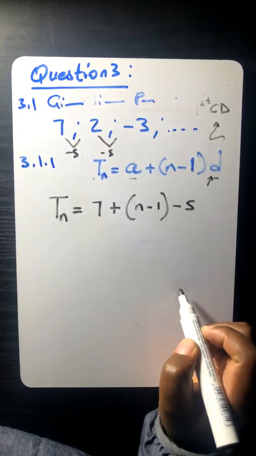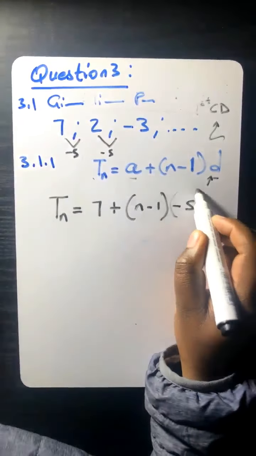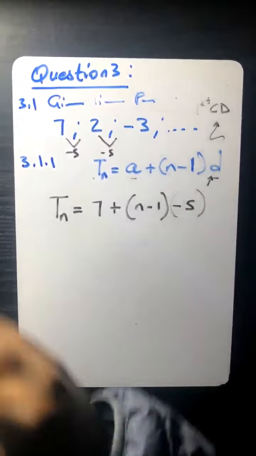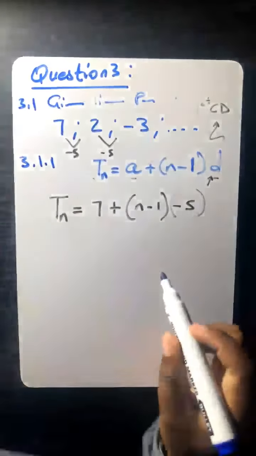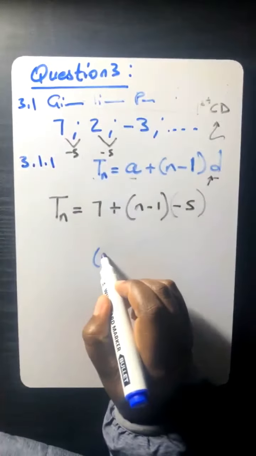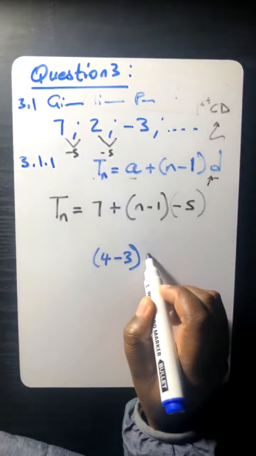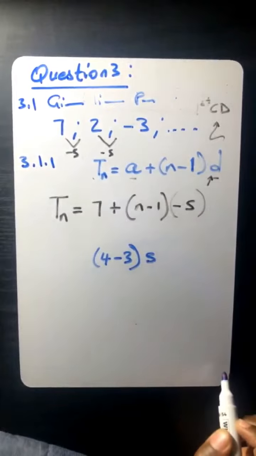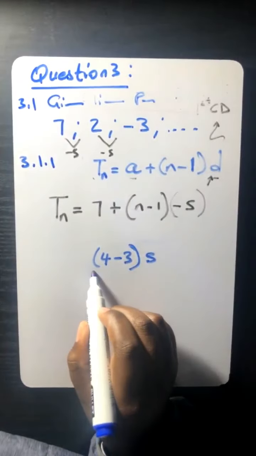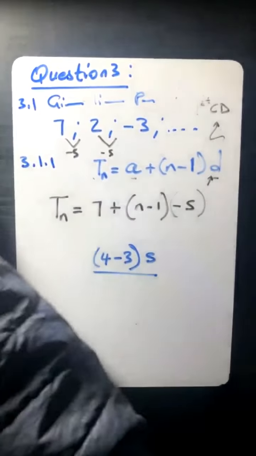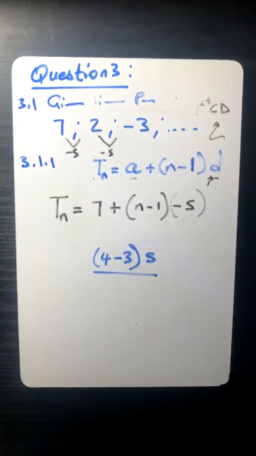So put it inside brackets. Even your calculator is going to tell you that this is wrong. Punch this on a calculator: 4 minus 3, close bracket, and then say maybe plus 5. Can someone punch this and tell me what the calculator is saying? I'm sure it won't agree with you when you do that.